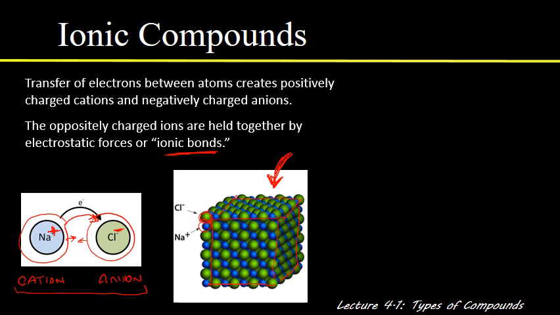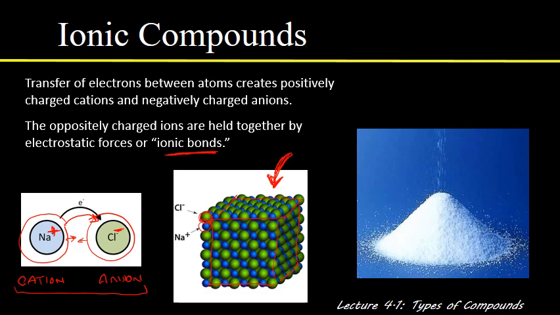That allows them to form crystals, and in the macroscopic state, we see these crystals as things like this. This, of course, is table salt. Most ionic compounds look similar to this, though they might be different colors. Copper sulfate is a pretty blue color.